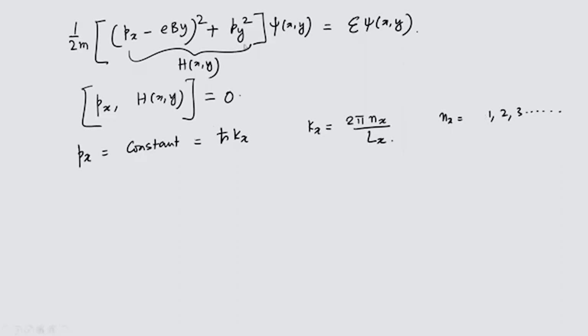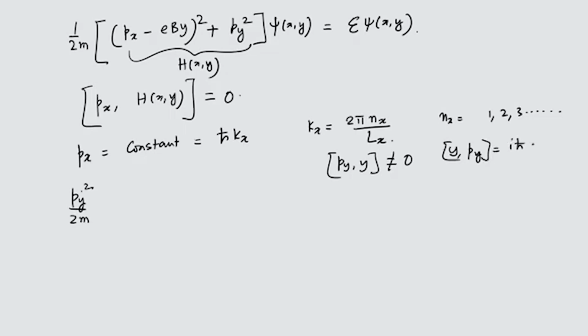Now if Px is a constant, I can absorb it as a constant in the Hamiltonian and write down the resultant Schrodinger equation as follows. This is equal to Py squared over 2m. Py is not conserved for the reason that there is a y in the Hamiltonian, and Py and y do not commute. This is the uncertainty principle that you have learnt, and particularly y and Py commutator is equal to i h cross.